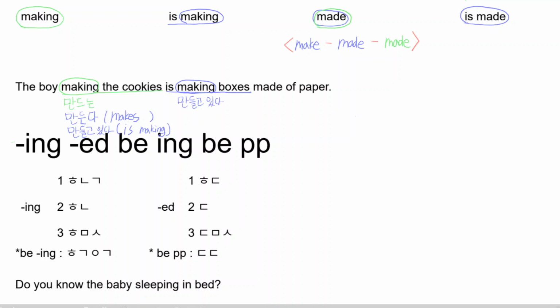So make, made could be translated into Korean as 만들다, which is a base form, and 만들었다, past simple.